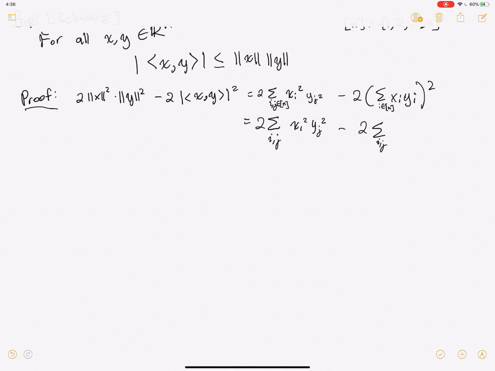So then we have xi yi minus xj yj. And then we can take the summation to be common to them both. So then we have 2 xi squared yj squared minus 2 xi yi xj yj.